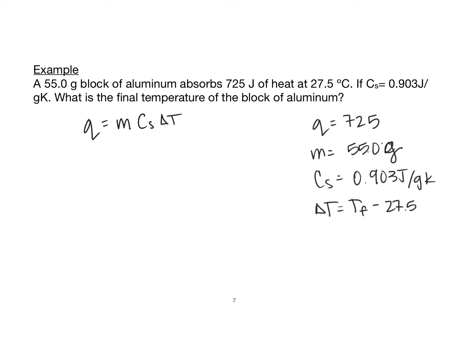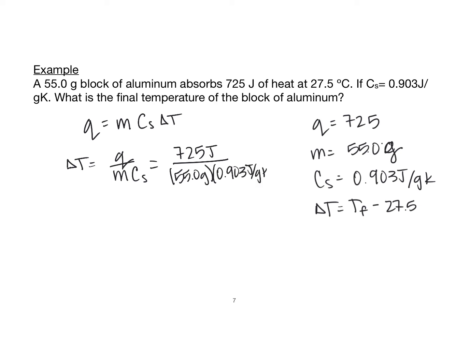So in this case, we're going to solve for delta T, and that's equal to Q over M C sub s. We're going to take our 725 joules, divide that by 55.0 grams multiplied by 0.903 joules per gram Kelvin.